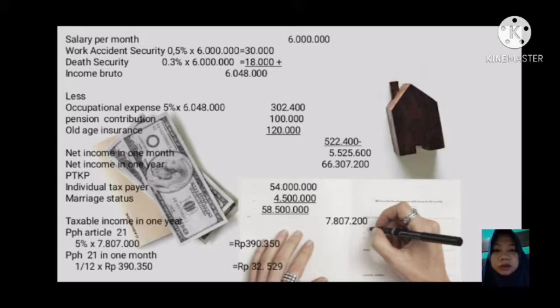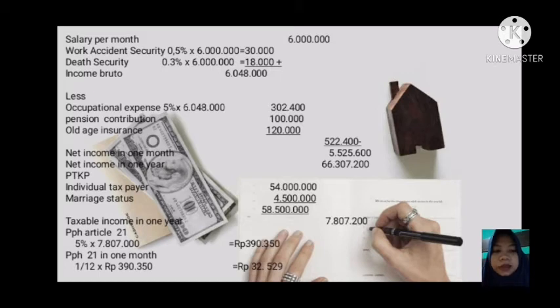After that, we deduct this income in 1 year with non-taxable income. The total non-taxable income for his individual taxpayer and his marriage status is 58,500,000 rupiah, and the amount we will get is 7,807,200 rupiah.